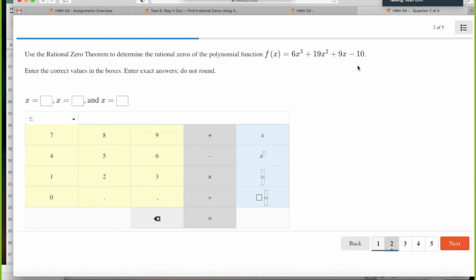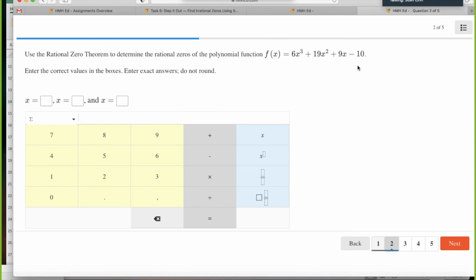So, use the rational zero theorem to determine the rational zeros of the polynomial function. They didn't really make it easy on us. It would have been a lot easier if that was 1, but whatever, we'll figure it out.